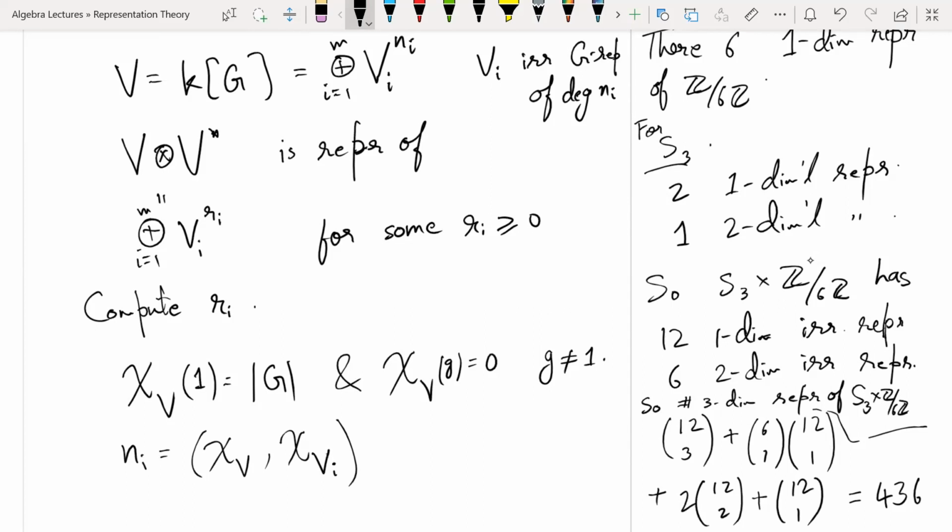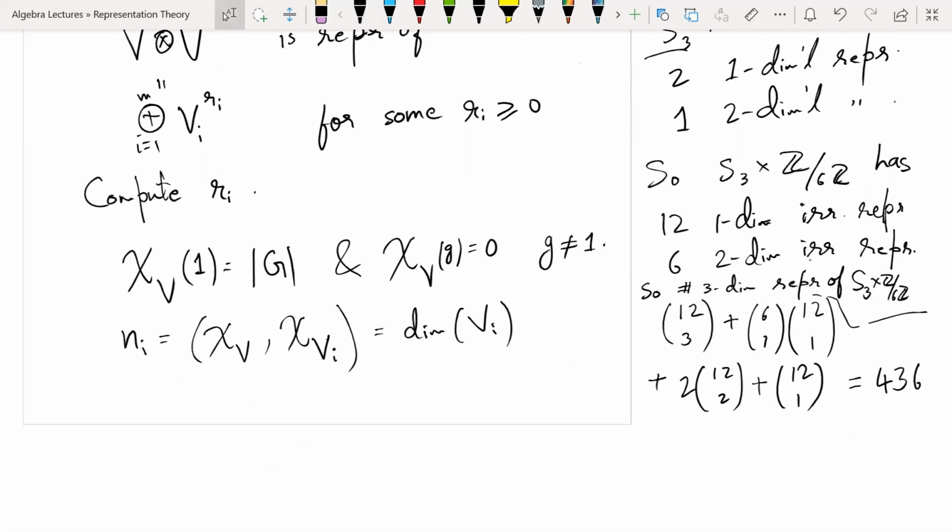You realize Ni has to be this because it is just the dimension of Vi. So finally, to get Ri, you will use the same trick. First you have to compute the character of Vi tensor Vi dual.